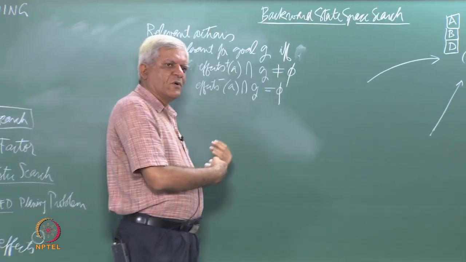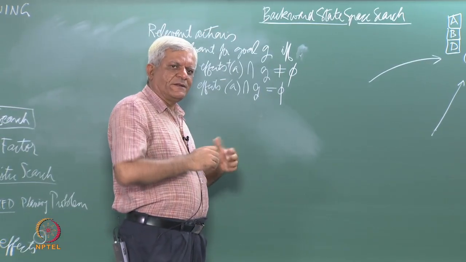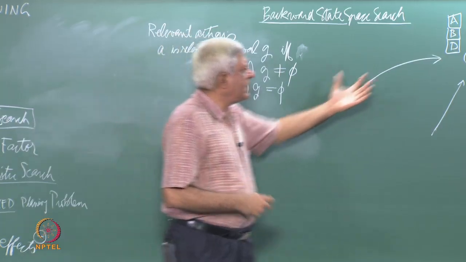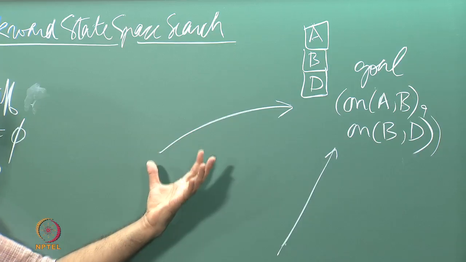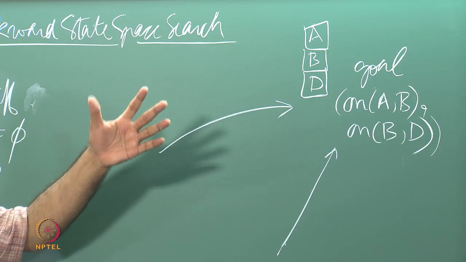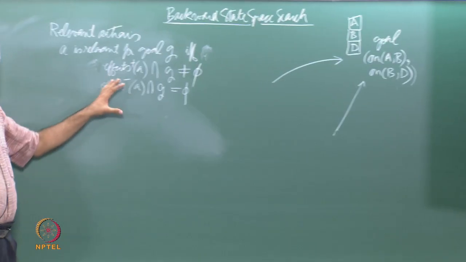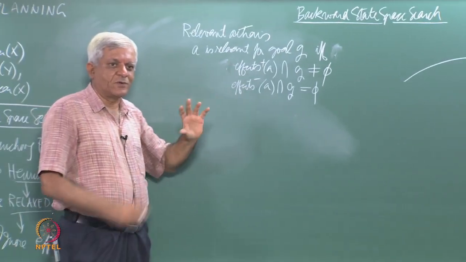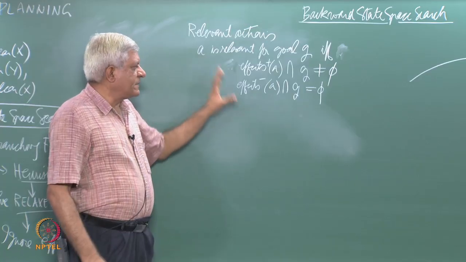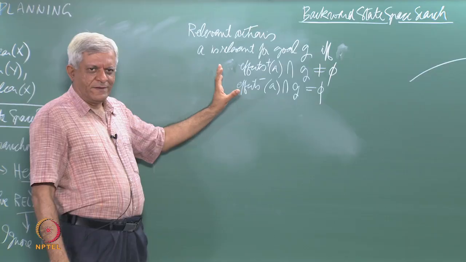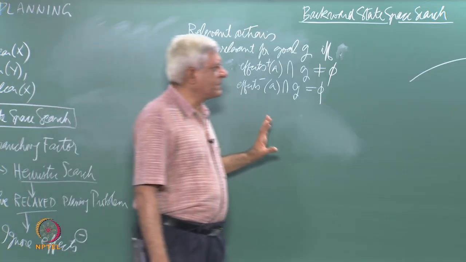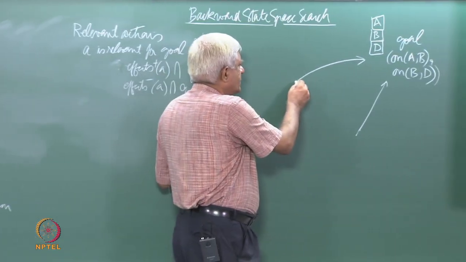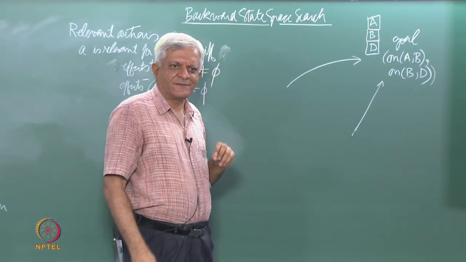So, I am moving from goal to sub goal now. I am saying that if I want this to be achieved and if this is my last action, then I will achieve it, but I am only using this definition of relevancy. I am not doing any deep reasoning here, I am just applying this test to see what actions are relevant. Anyone wants to venture a guess?